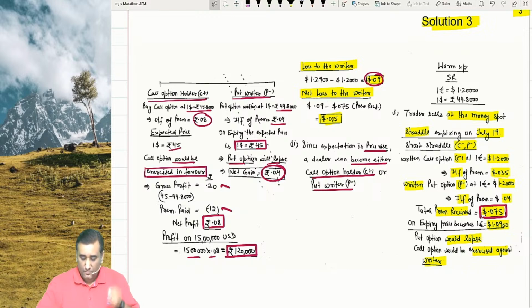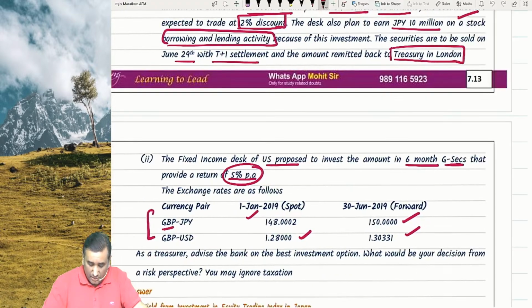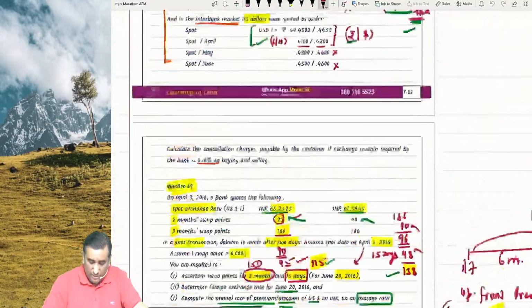Go back to the 43rd. That question has been modified by the institute, I think. I'll tell you what exactly modification is required. Forex chapter, there was a 42nd part.